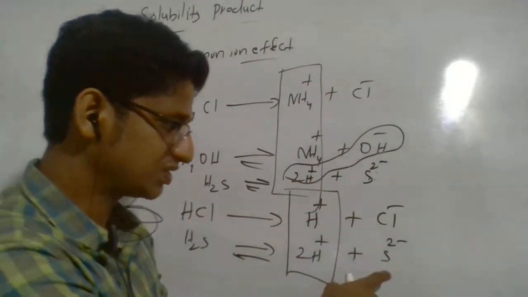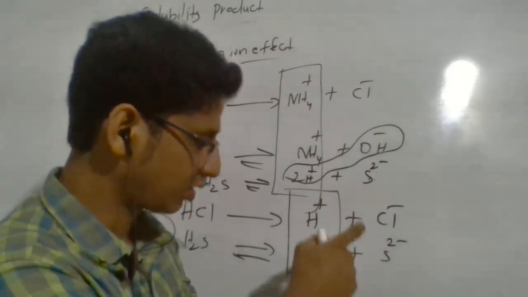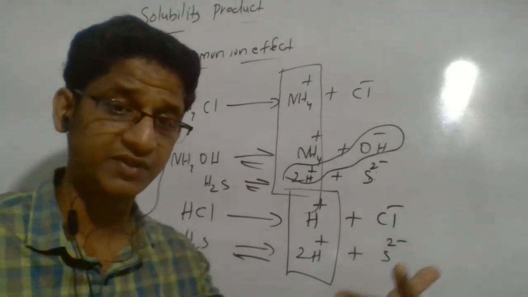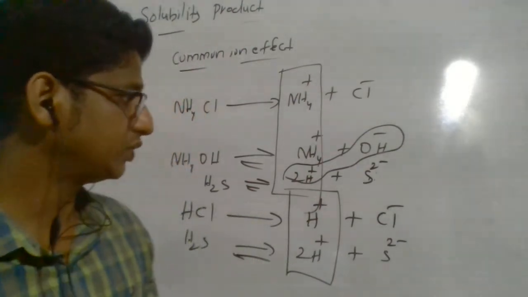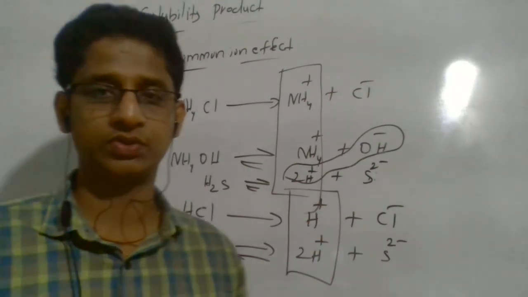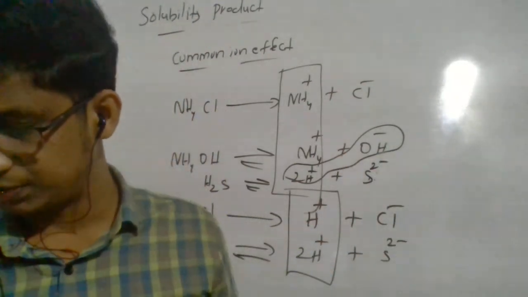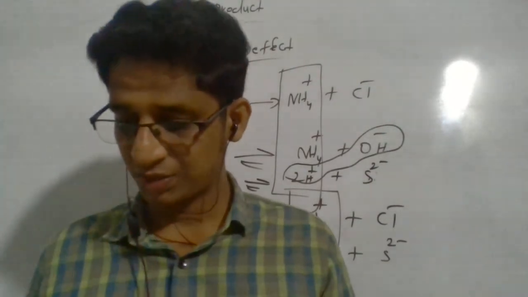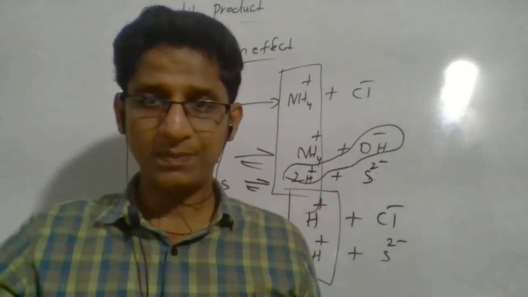So you can see group 4 is not precipitating in group 2. These are the important principles you have to remember when you talk about qualitative analysis in cation mixture analysis.